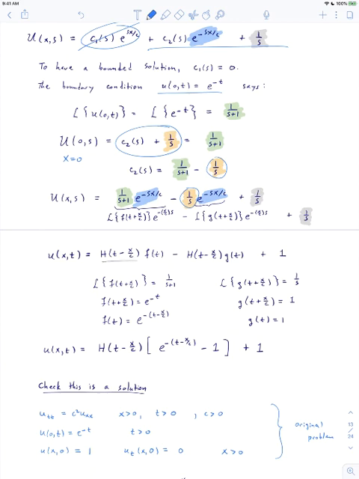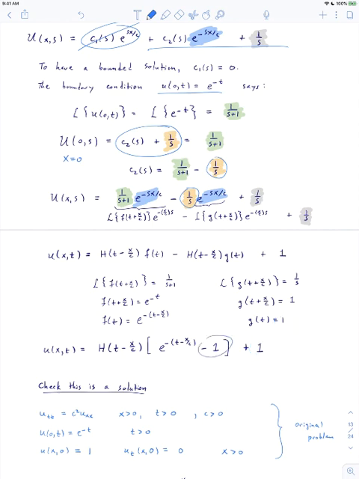I won't go through all of the details of the computations, but you can work out that the inverse Laplace transform of 1 over s plus 1 is going to be an exponential. It's e to the minus t, but then you just have to translate it. And similarly here, 1 over s, that's e to the 0. So when you translate that, you just end up with 1.